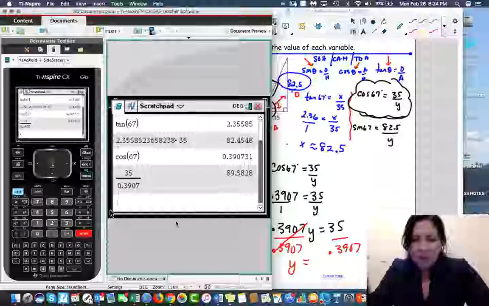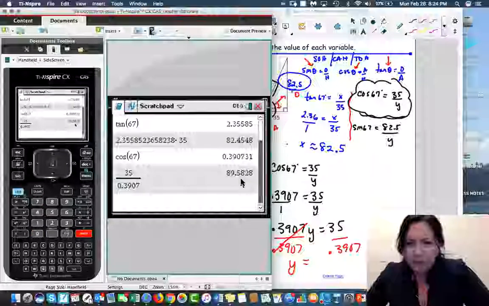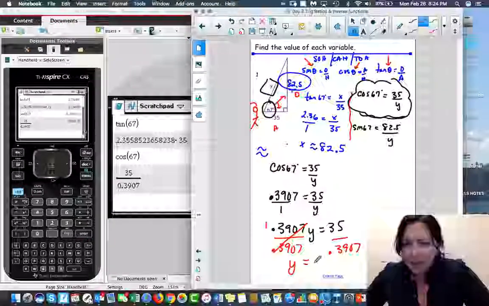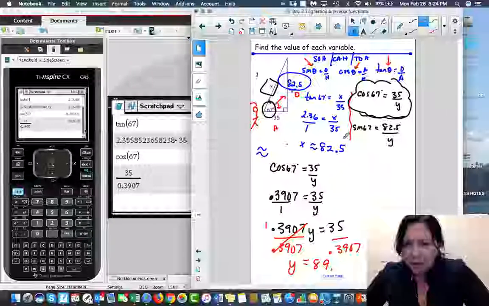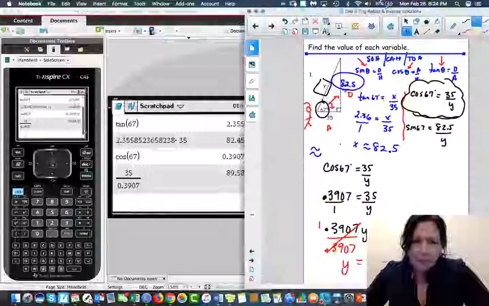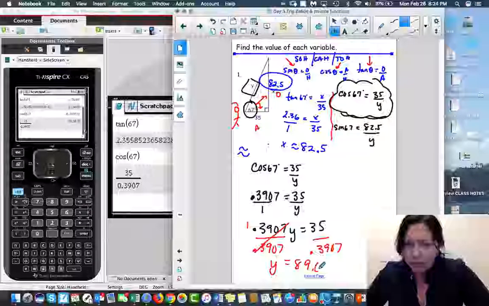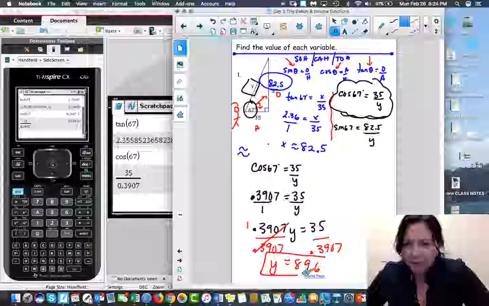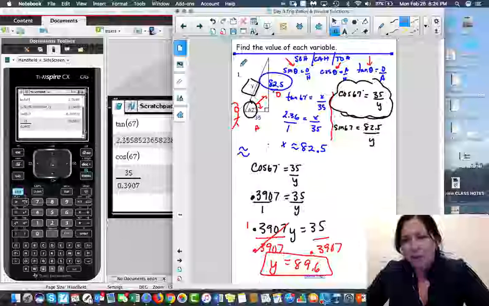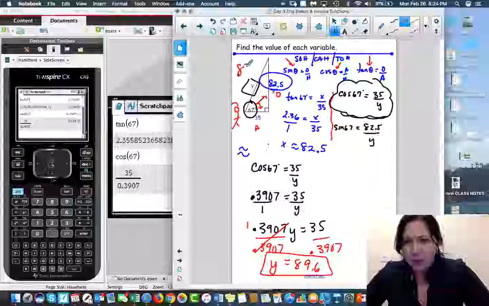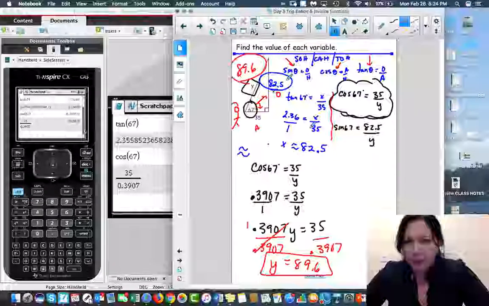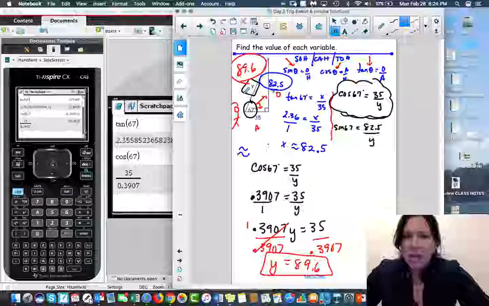I'm going to type in equals, and I get 89.58. So y is approximately 89.58. So we'll go 89.6. Because I am talking about a length of a side, I'm going to round that off to the nearest tenth.